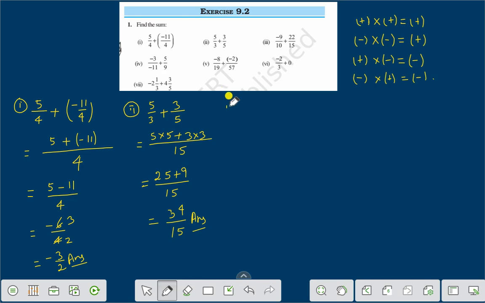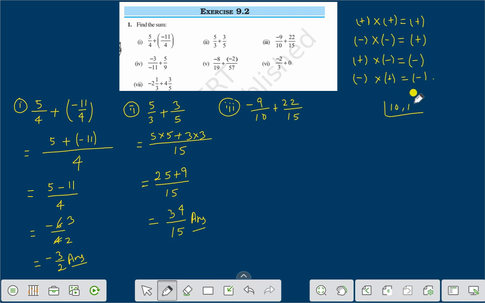Question number 3 is minus 9 by 10 plus 22 by 15. Find the LCM of 10 and 15.